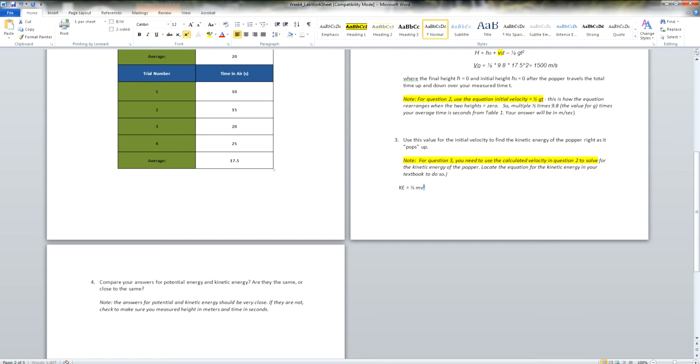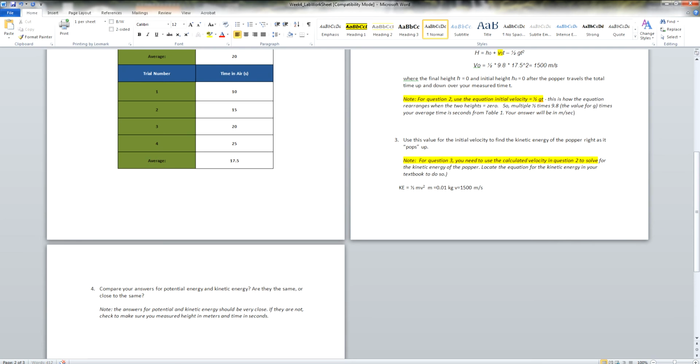Based on this formula, we know that m has been given already up there as 0.01 kg, and we have our v as 1500 meters per second.